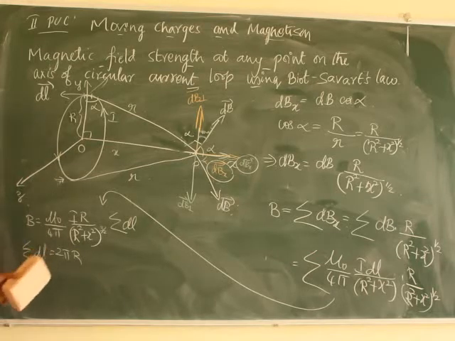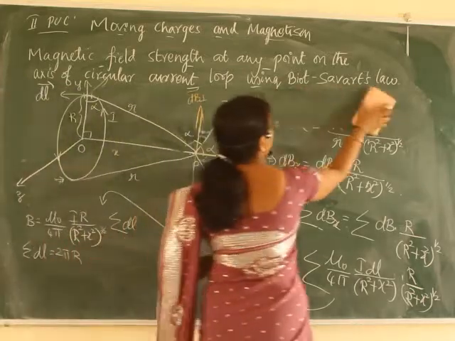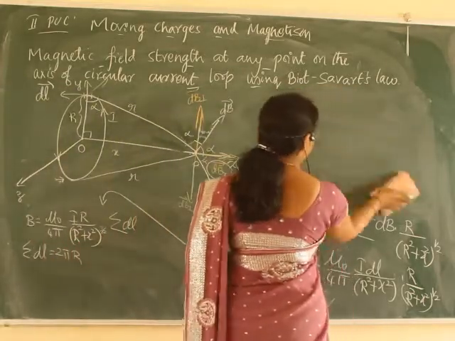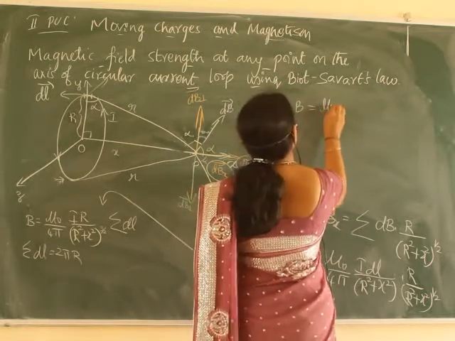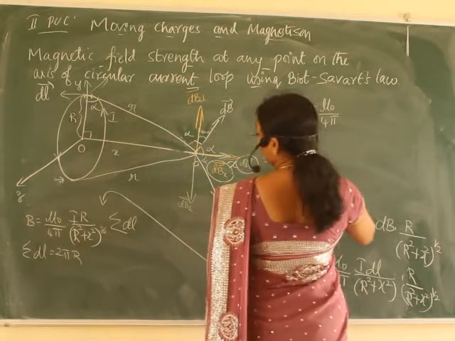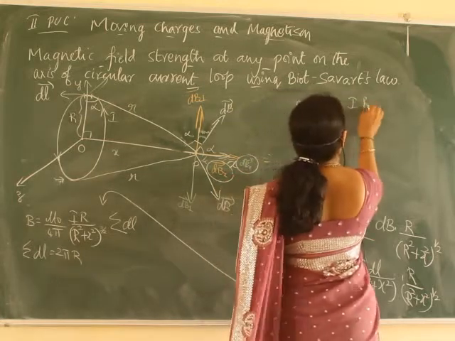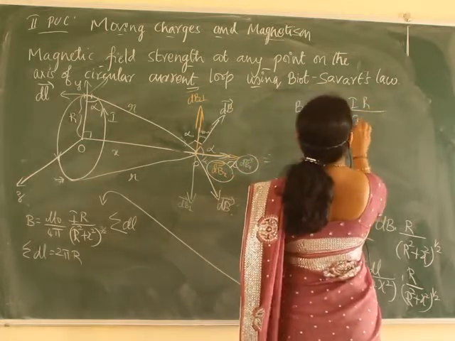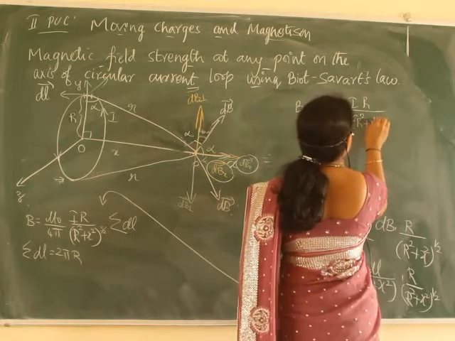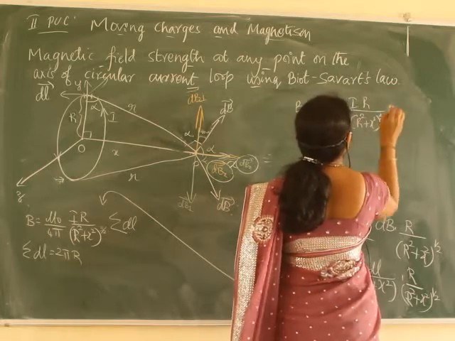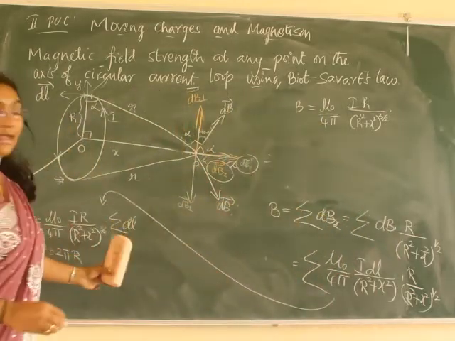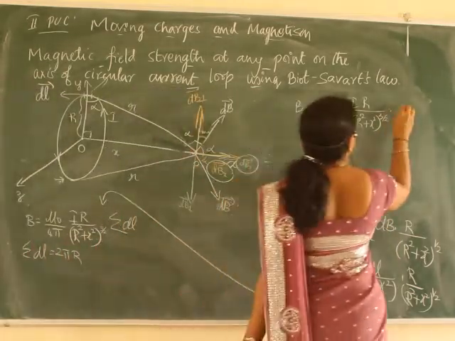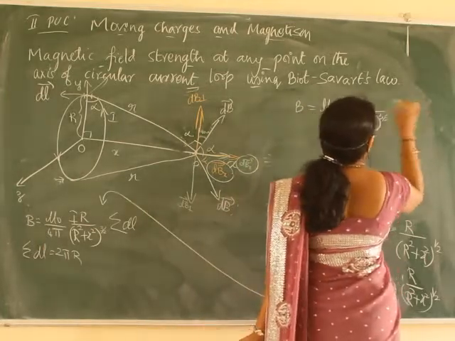When we substitute, what do we get? B is equal to mu naught by 4 pi I r divided by r square plus x square to the power 3 by 2 into summation dl, which I can write as 2 pi r.